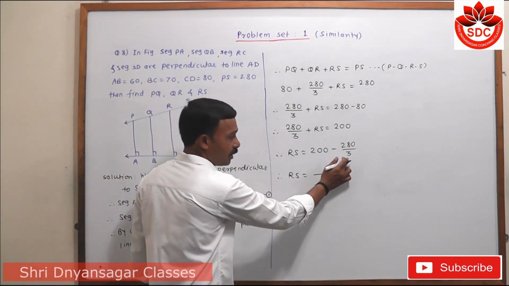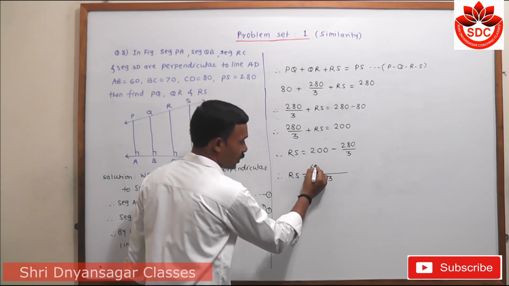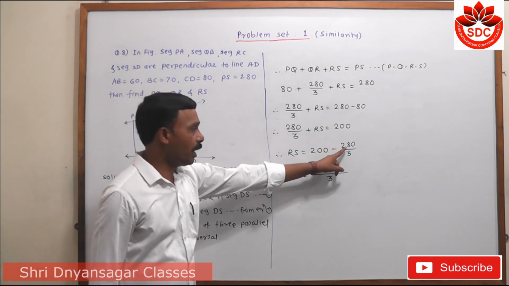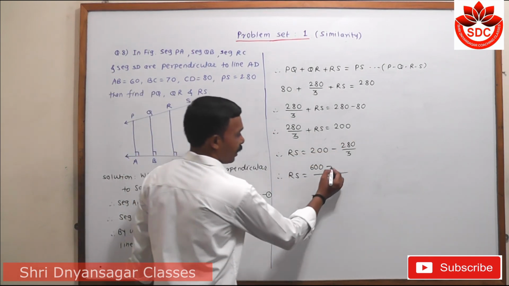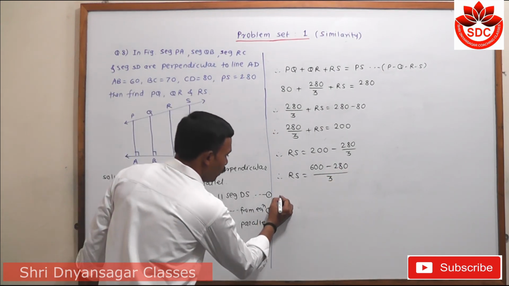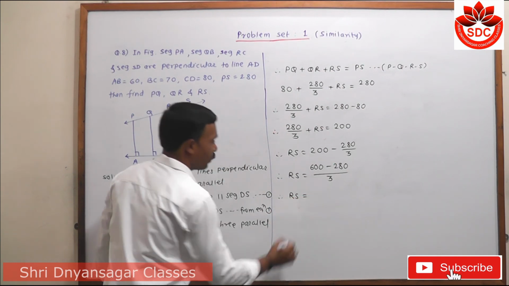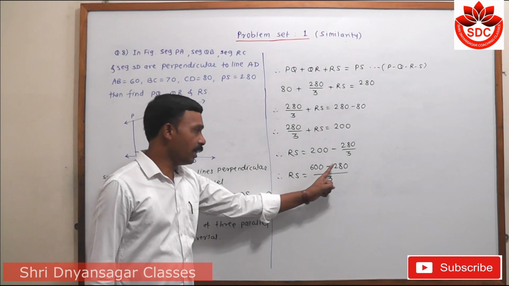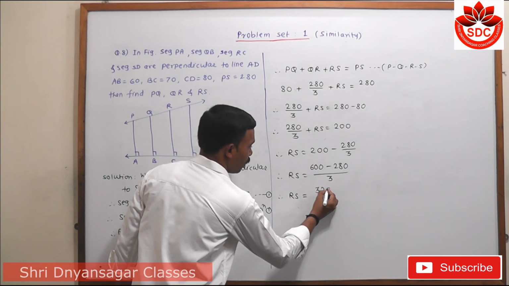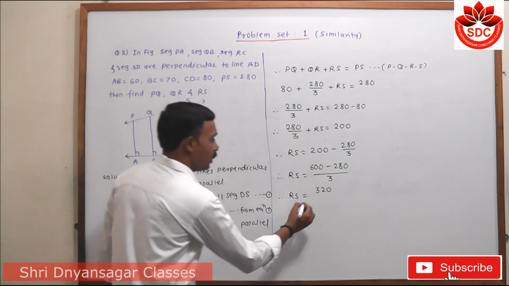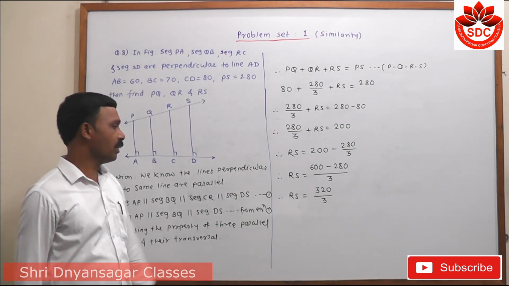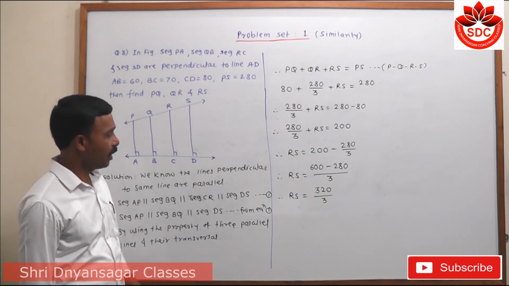Then multiply this 3 with 200, which becomes 600, minus 280. Then we subtract: 600 minus 280 is equal to 320 upon 3. Now student, we cannot divide this. We take the value of RS as 320 upon 3.